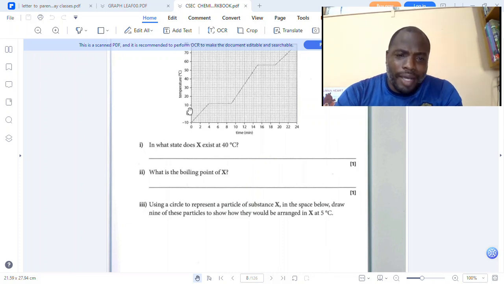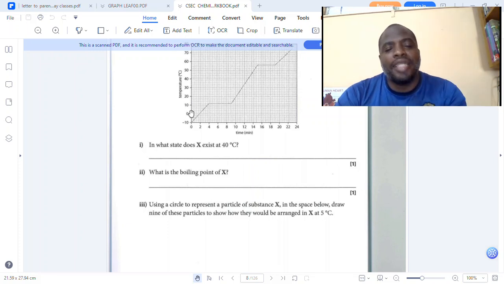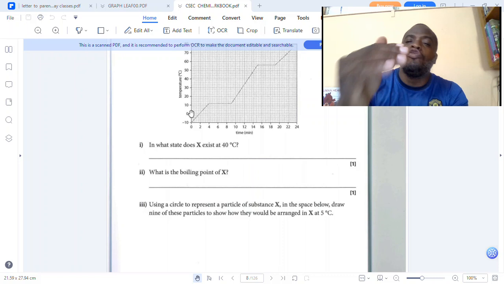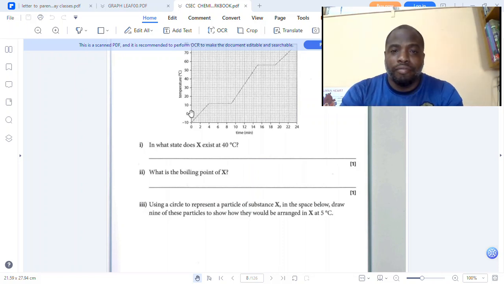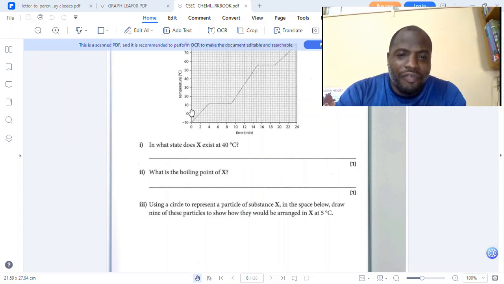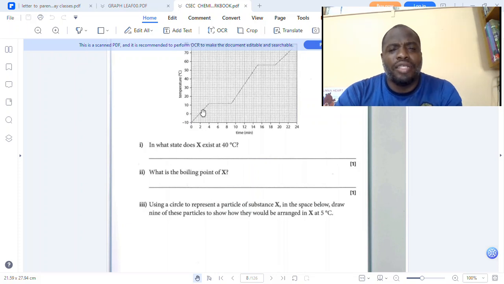Of course, you go back, because remember, initially the question says using this heating curve to answer your questions. So each question that you're going to be answering, you would relate to the curve. So I find 5. 5 is about right here. And of course, I now recognize, and if you said it before I did, substance X is a solid.